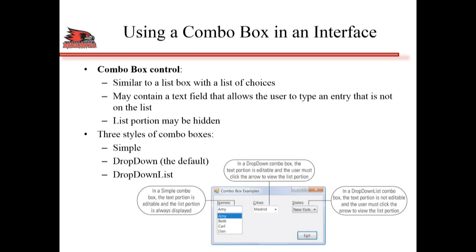So a combo box is something which is extremely similar to a list box. It gives you a list of choices.